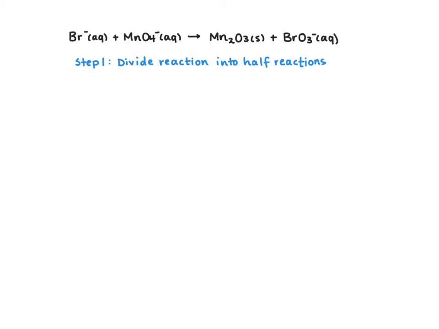So our first step is going to be to divide this reaction into its two half reactions. One of our half reactions will involve the manganese species, and the other half reaction will involve the bromine species. So I'm going to write both down on the page, and we're going to balance them both simultaneously. We'll start with the manganese.